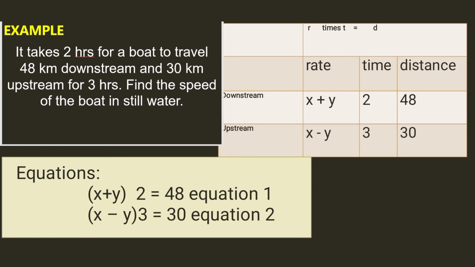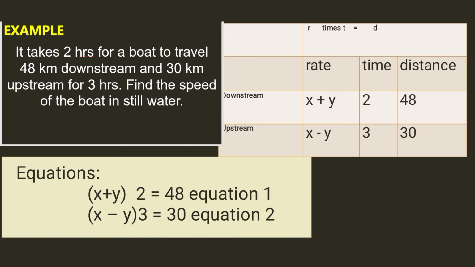Since distance is given, if we are looking for the distance, the formula is rate times time. So the rate is x plus y times the time, which is 2. That is how the equation is constructed. It is the same for upstream.